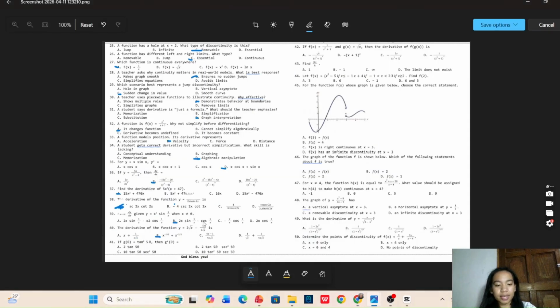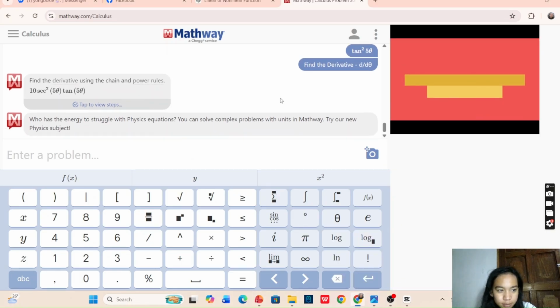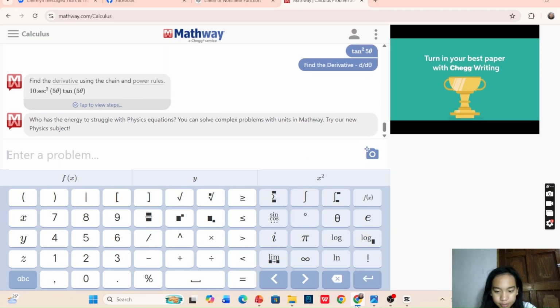Locating this, we can find it in the options. Letter C, 10 sec squared.